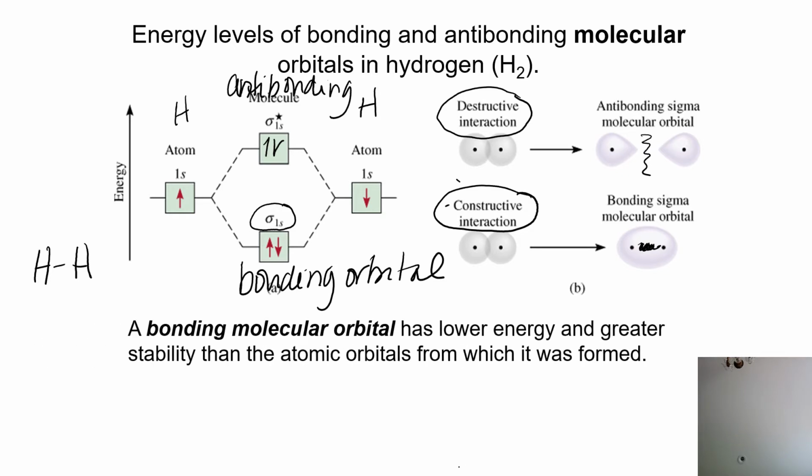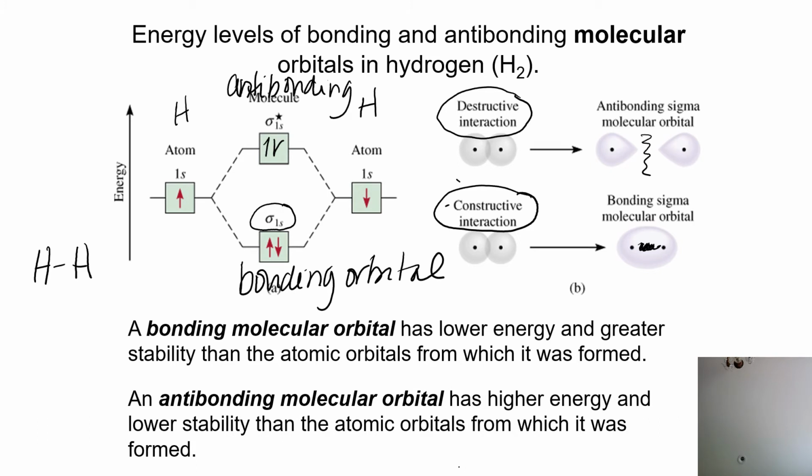So we have bonding molecular orbitals that have lower energy and greater stability than the atomic orbitals from which they were formed. And we have the anti-bonding molecular orbital that has higher energy and lower stability than those atomic orbitals from which they were derived.